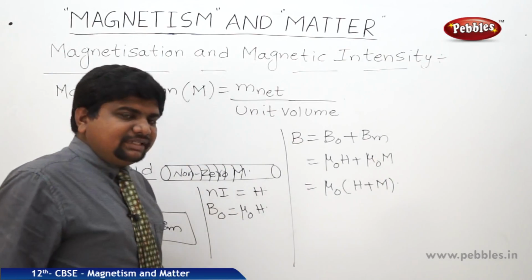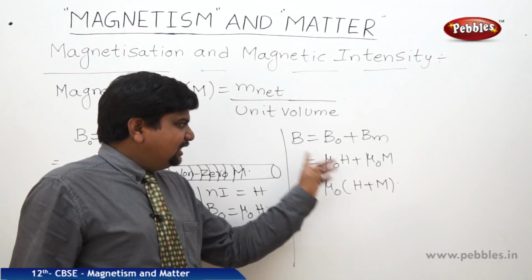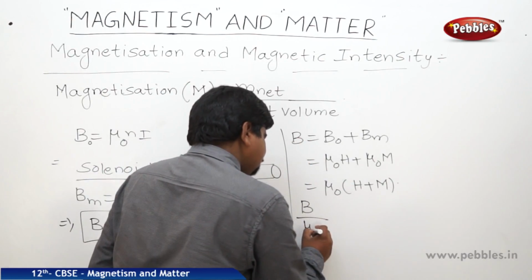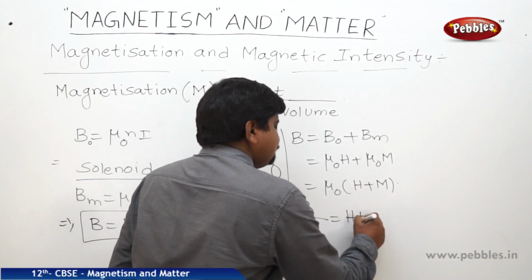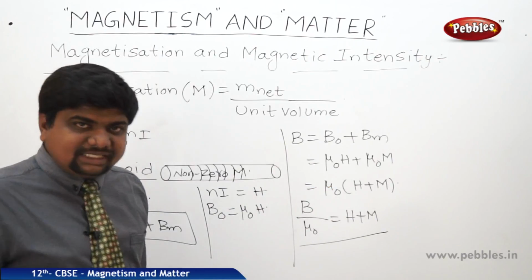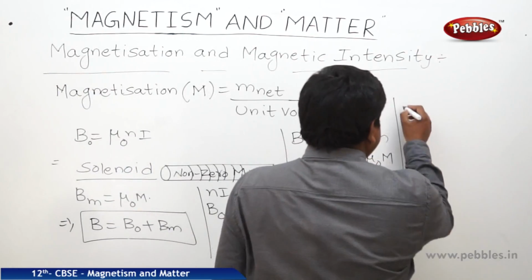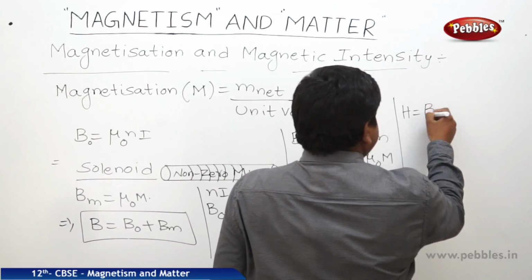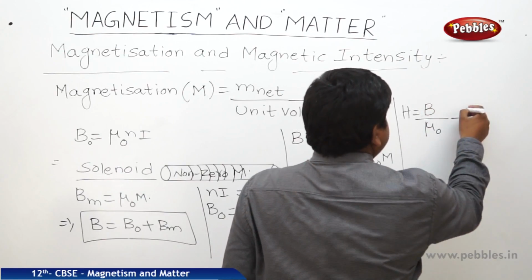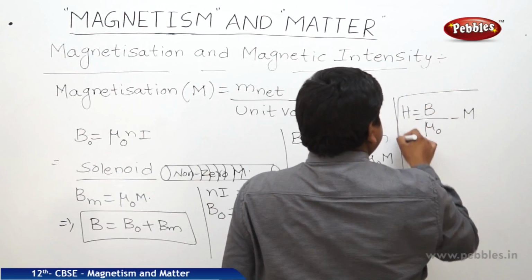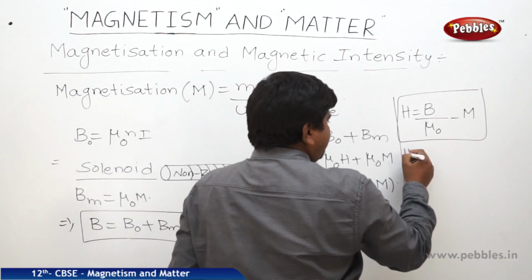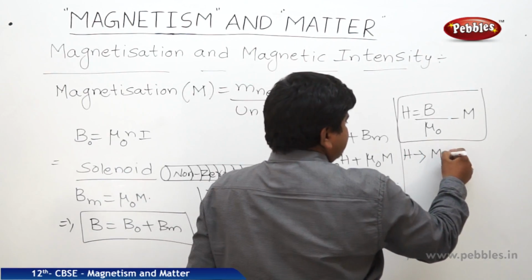Now we are going to derive the relation between H and B. B by mu naught is equal to H plus M, so H is equal to B by mu naught minus M. This H is called magnetic intensity.